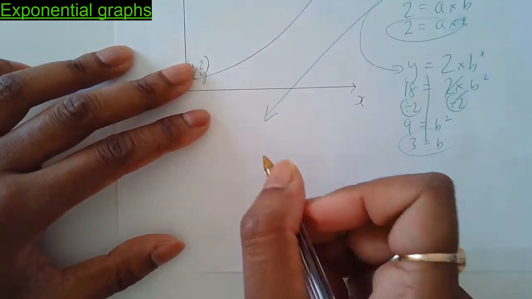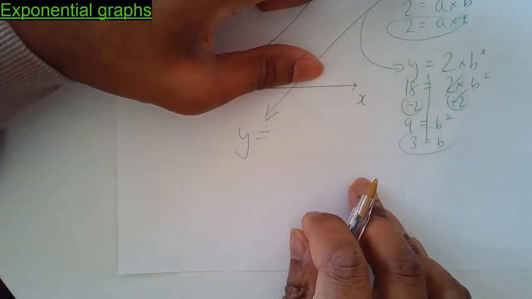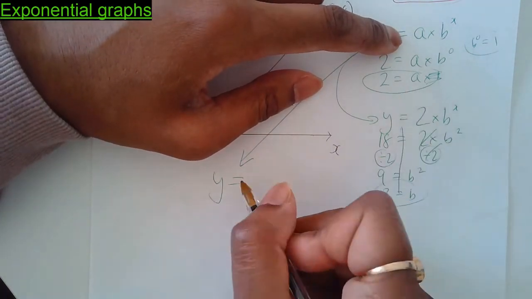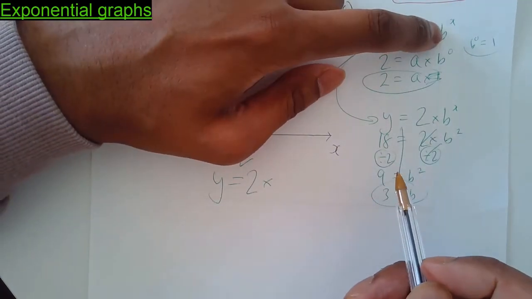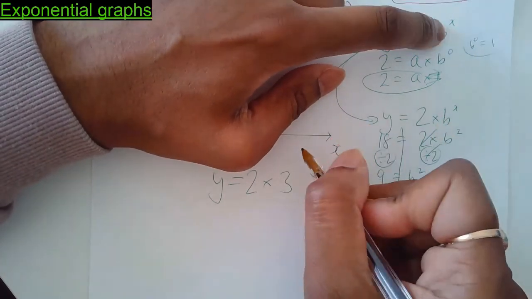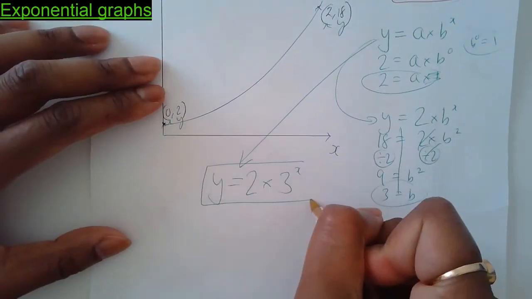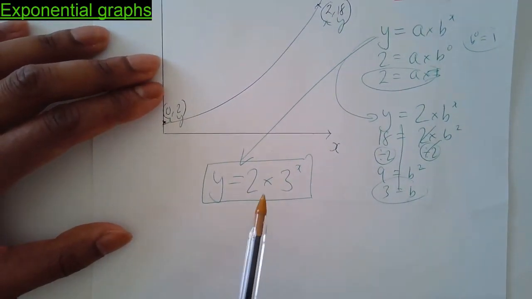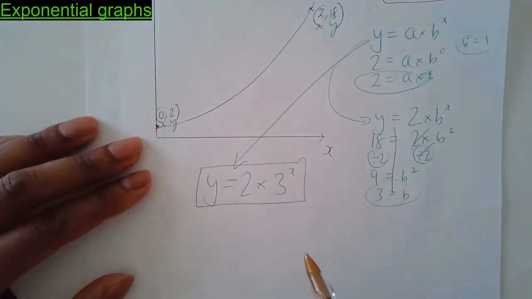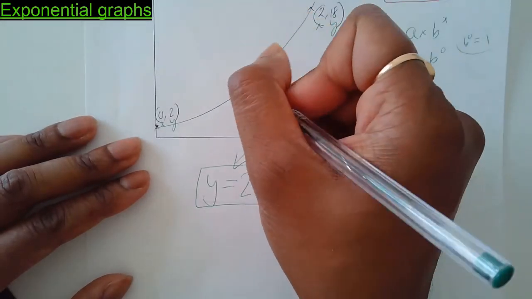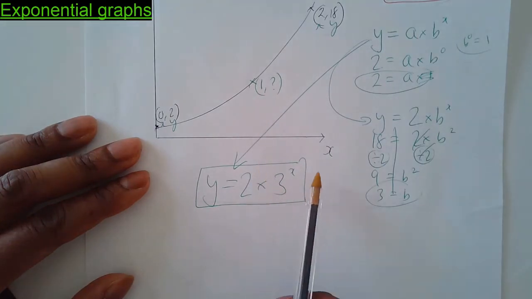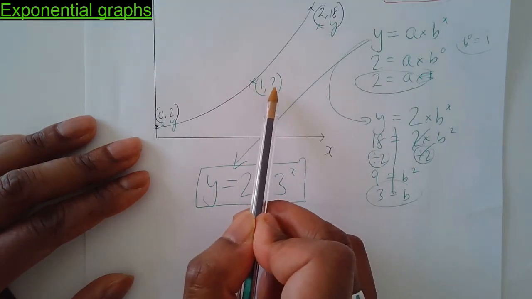Our equation is y is equal to, we know the value of a, it's 2, times, do we know what b is? We just worked it out there, 3, to the power of x. Now I can use this equation to find any other points along this line. So if you ask me, for example, 1 on the corridor, something up the stairs, I can use this equation to work out the y coordinate.